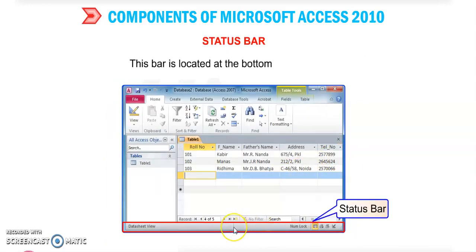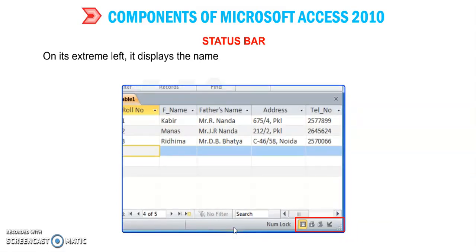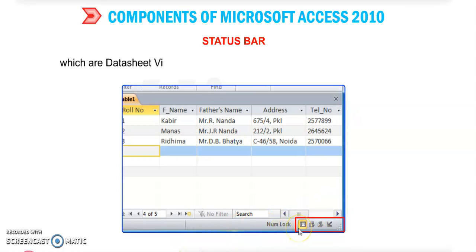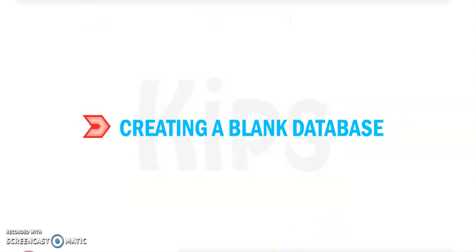Last is the status bar, located at the bottom of the window. On its extreme left, it displays the name of the current view, and on its right, it displays the 4 view buttons, which are datasheet view, design view, pivot table view, and pivot chart view. We can see a table in different views.